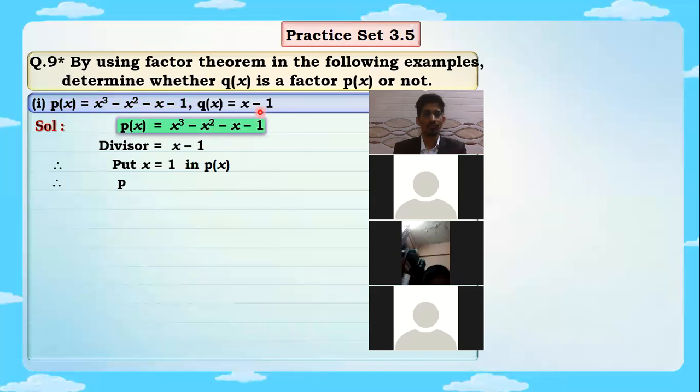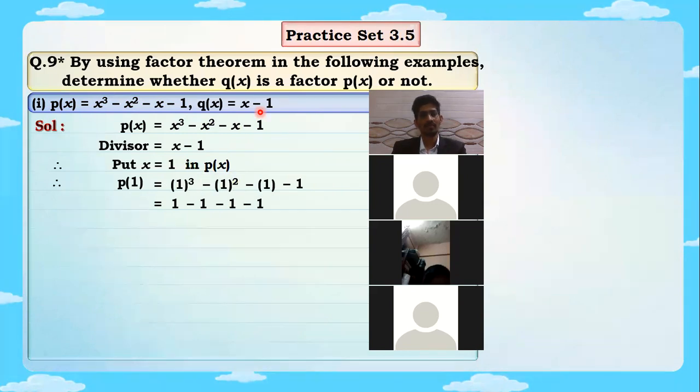So p of 1 is equal to 1 cube minus x square, meaning 1 square, minus x, in place of x 1, minus 1, as it is. So let's solve this. 1 cube is 1, minus 1 square, 1 minus 1 minus 1 minus 1 is 0, so plus 1 minus 1 gets cancelled.